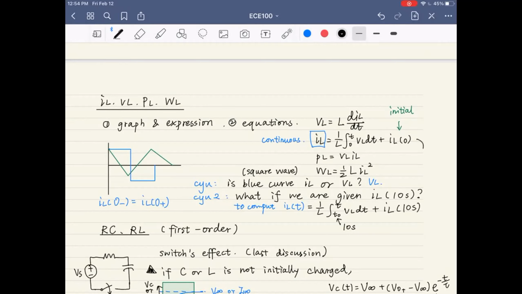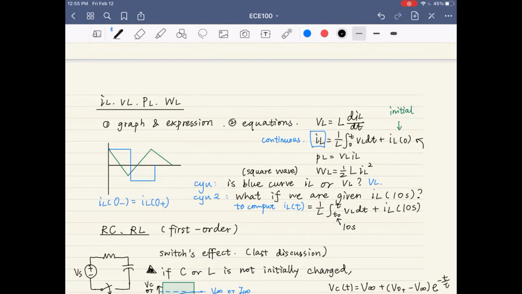So this equation is not fixed. It does not have to be 0. It can be any starting point in the time domain. So if we say the switch opens when time equals 10 seconds, we can still solve the problem.